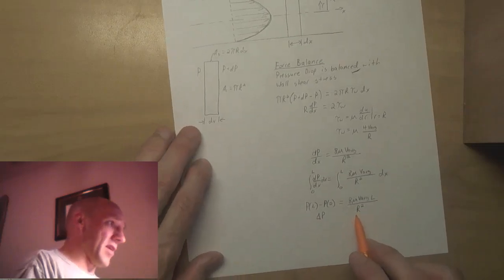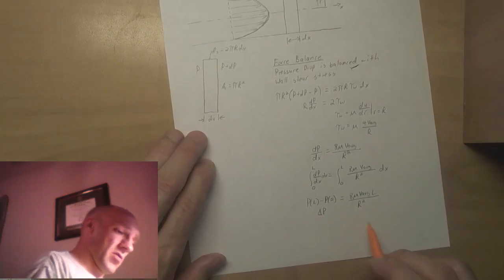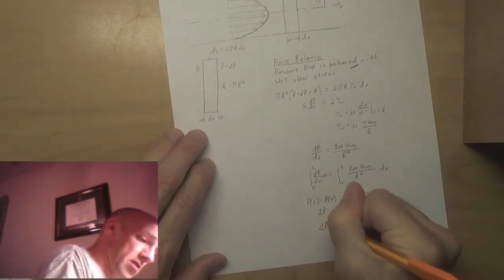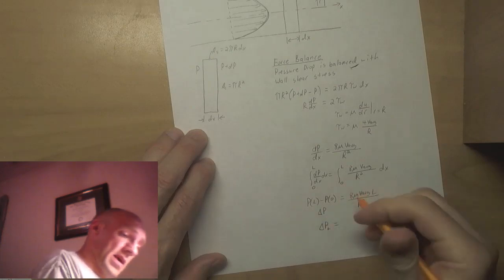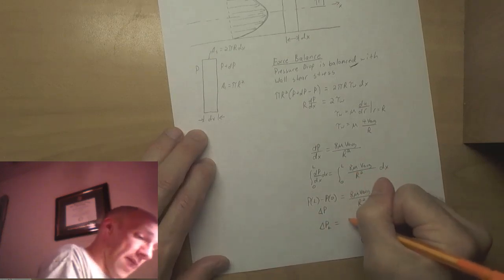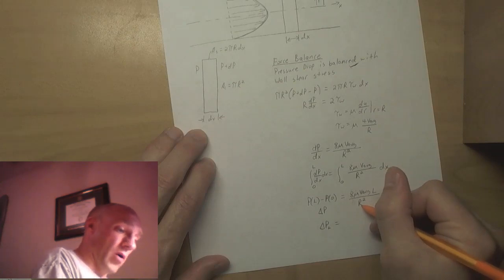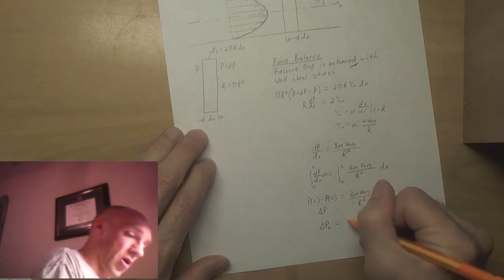Oftentimes we tend to deal in diameters, so I can express this in terms of the diameter simply by plugging in D over 2 for r.